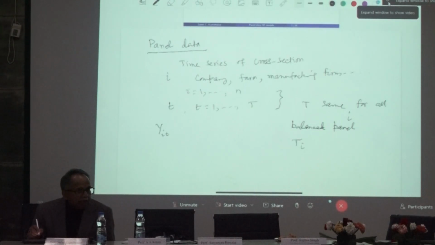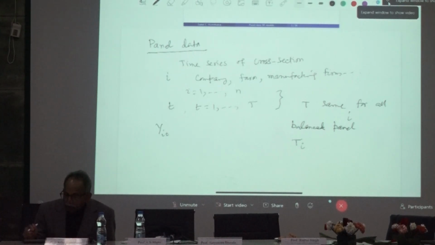So T is not exactly the same. You might say T has a subscript i to indicate the number of time periods for which the individual i, or company i, is observed. Now there may be many reasons why a particular firm is not observed in all the time periods, but we are not getting into the details as to why. It might be missing randomly, or there might be a particular reason why they are not reporting the data for every year.